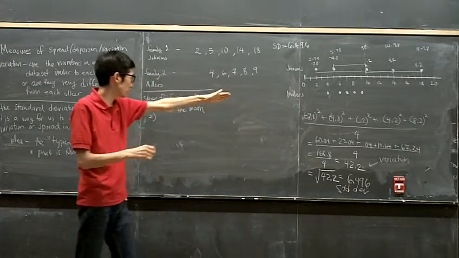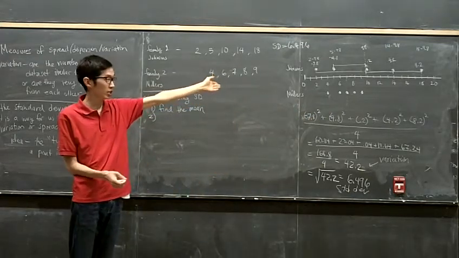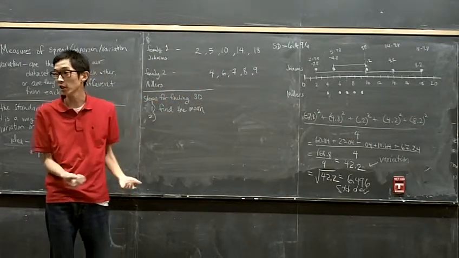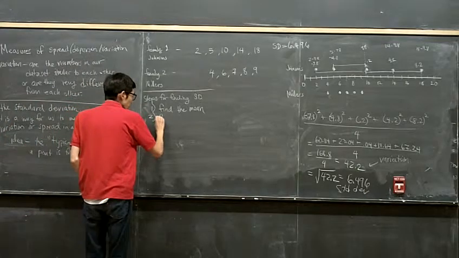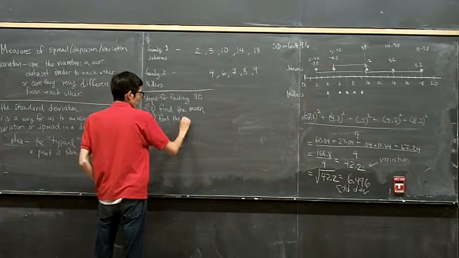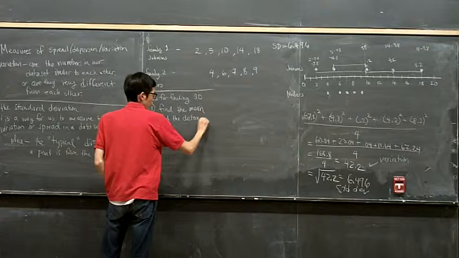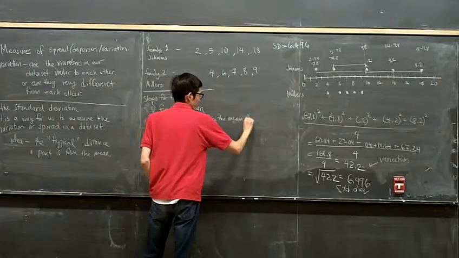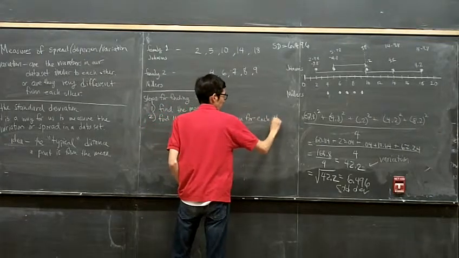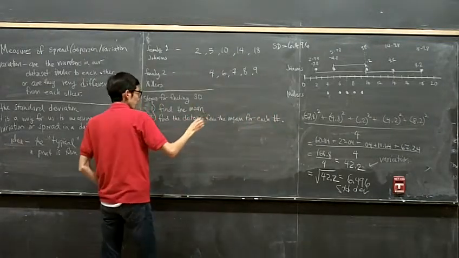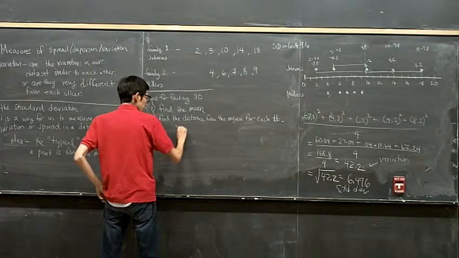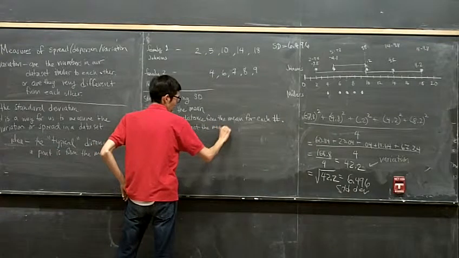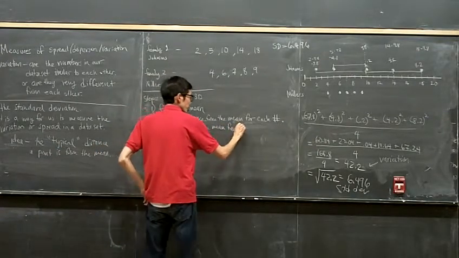And to do that, how did I get the distance from each child's age to the mean? I subtracted the mean from each age, right? So we find the distance from the mean for each number. We did that by subtracting the mean from every number.